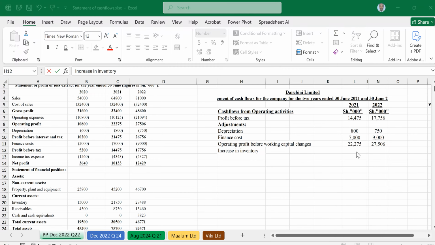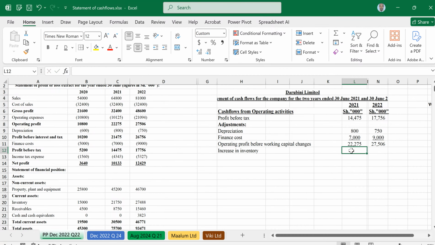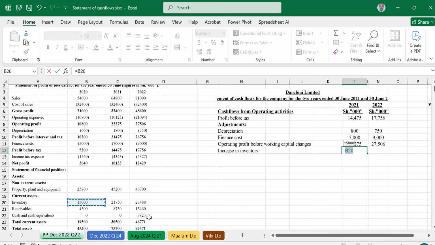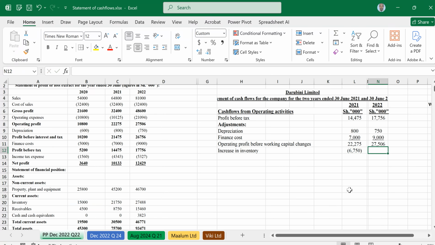It's increasing from 15,000 minus 21. That's an outflow. If inventory increases, it's an outflow. The other one is increasing from 21,000 minus 27. That is also an outflow. Remember, we started with 2020, 2021, then 2022.